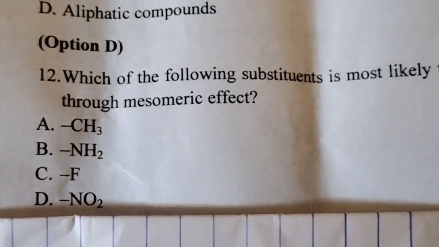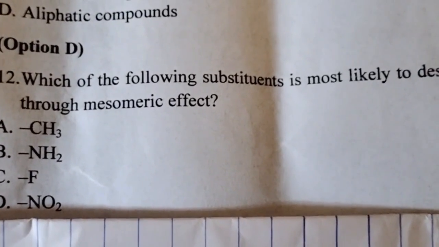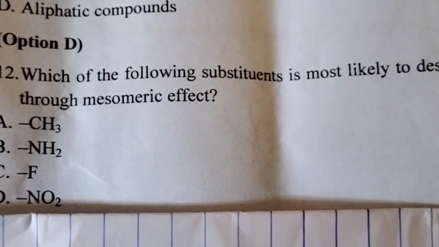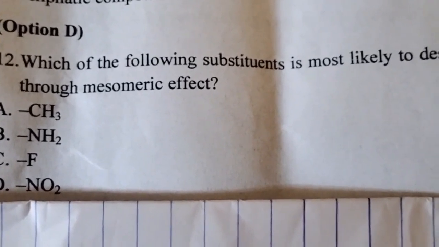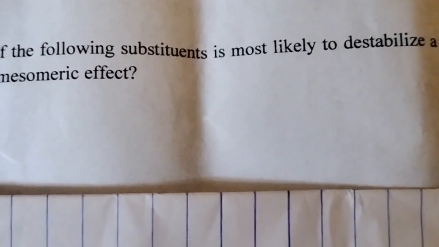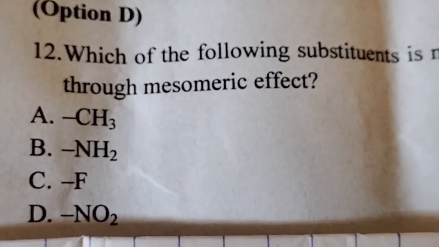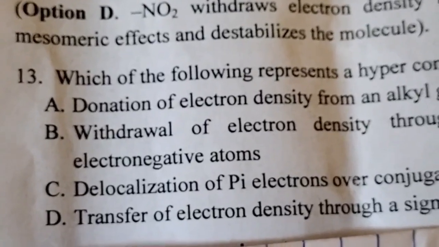Option C, the fluoro group. Option D, the nitro group. The answer to this question is option D. The nitro group will destabilize a molecule through mesomeric effect because it is an electron withdrawing group, sorry, not electron donating group.